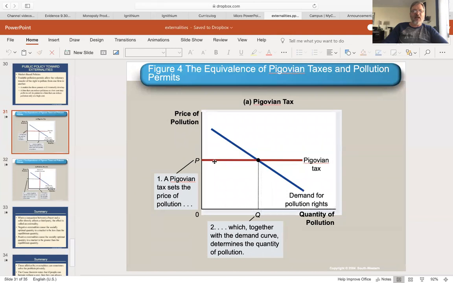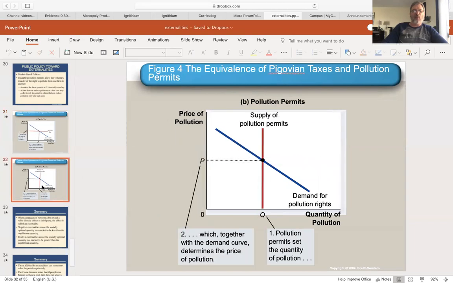If you produce a tax of a certain level, then you can achieve a certain target of pollution. But you can also do that with these tradable permits by getting this demand for pollution rights and setting the supply as the quantity of pollution rights.